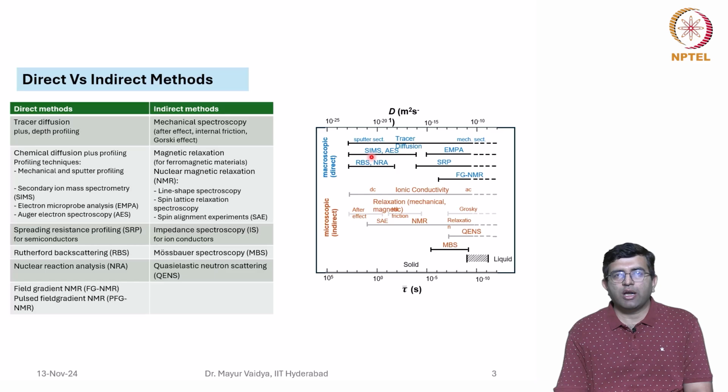You can measure more confidently at lower diffusivities, whereas EPMA, or EMPA as sometimes called, is more suitable for higher diffusion coefficient measurements. Similarly, among indirect methods, ionic conductivity measurements give you a wider range of diffusion coefficients, whereas MBS and QENS measure towards the higher side of diffusion coefficients.